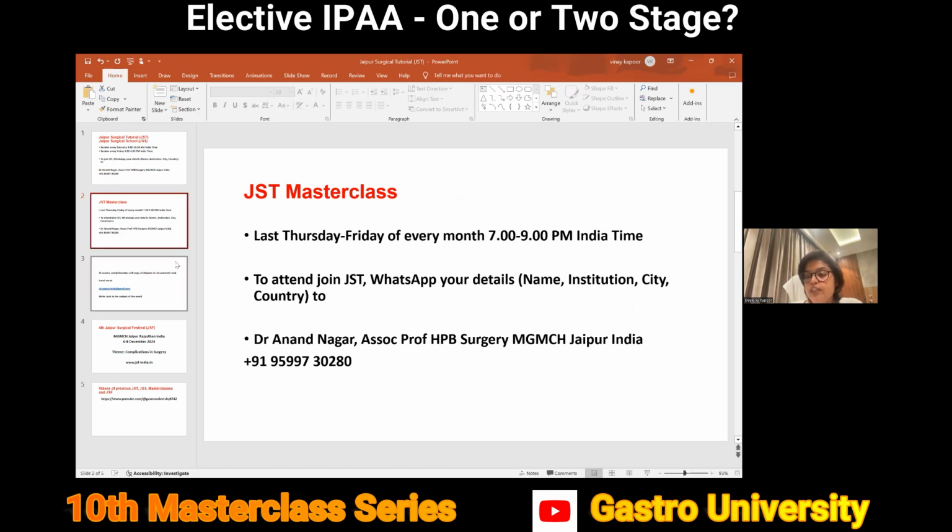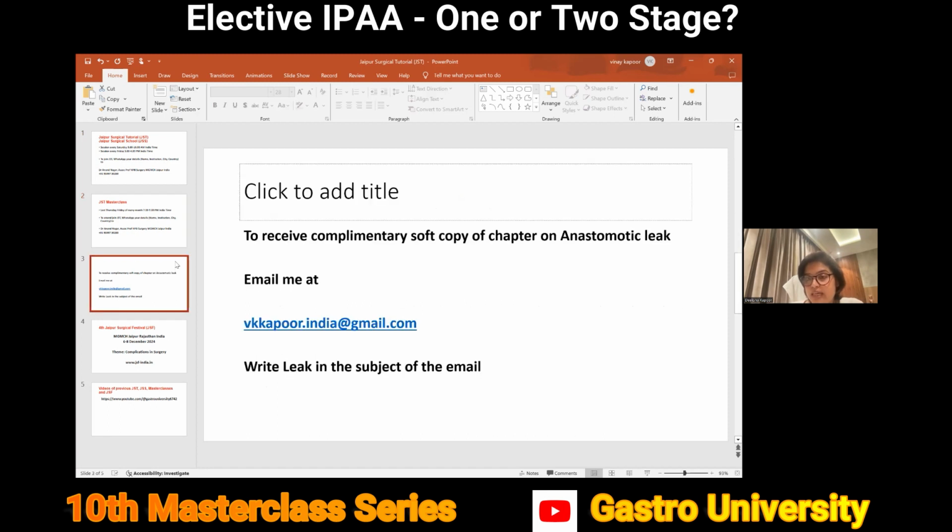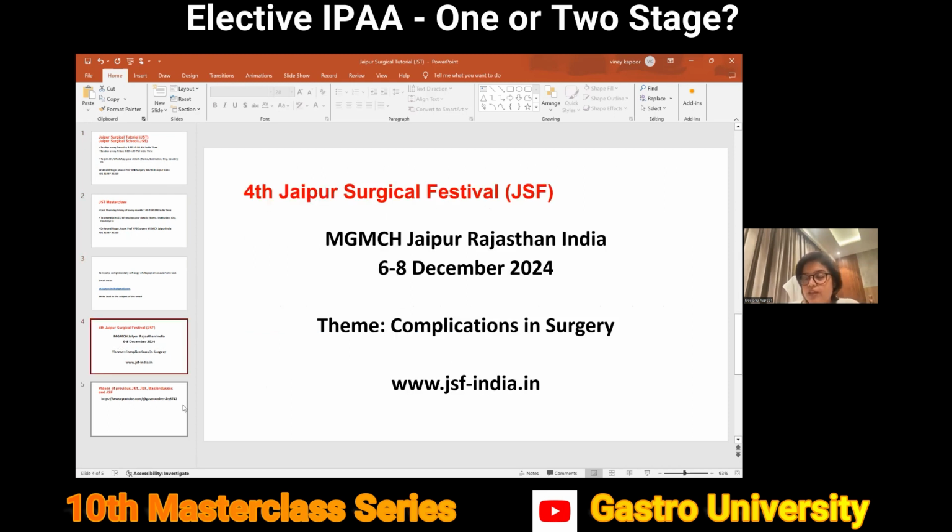I think a lot of these soft points, which cannot be given a number, these intangibles, are very important while making a decision whether a diversion can be avoided or not. The same applies to something like a pouch. Unless it's absolutely, absolutely smooth, I think one should err on the side of doing a diversion.